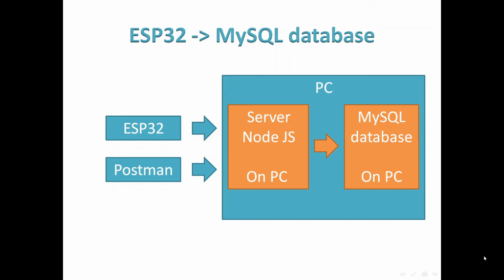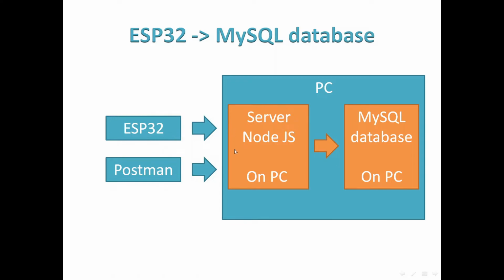Hello, we are continuing our series of writing data from ESP32 in ESP IDF environment to MySQL database on the PC. In the previous videos, we opened the directory for the ESP project, only the directory.